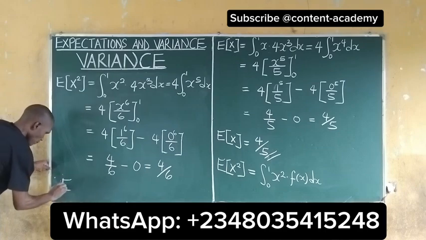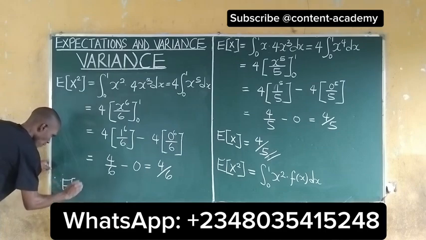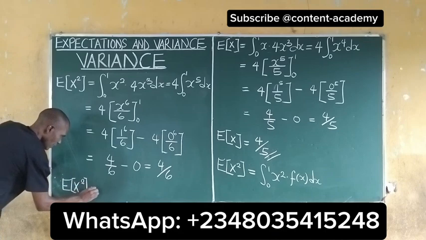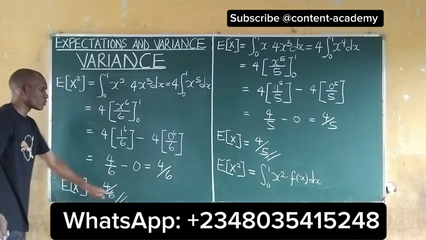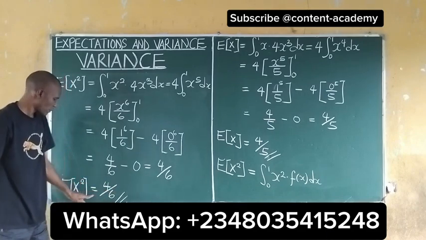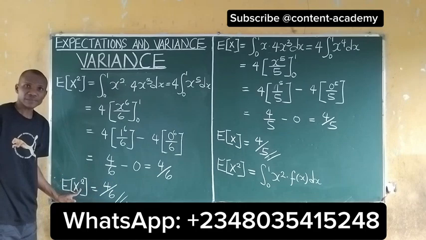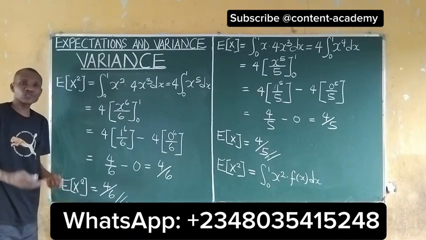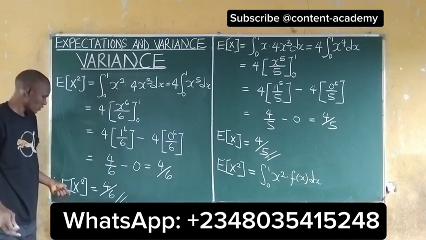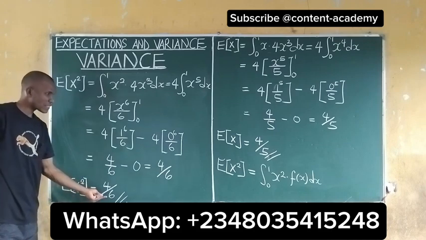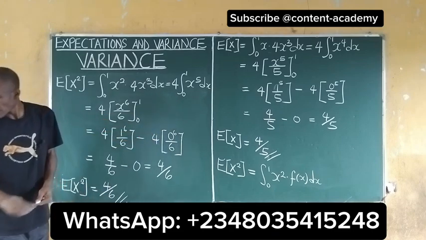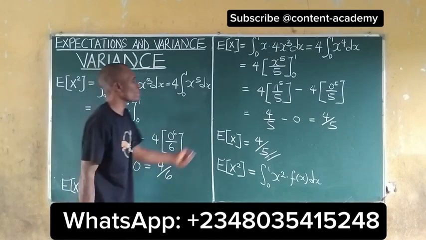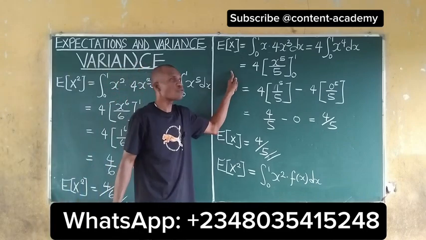Therefore, our expected value of x squared is equal to 4 all over 6. So the next thing to do is to look for our variance. Since we have this 4 over 6 and 4 all over 5, we can now look for our variance. So we move over to this side of the board.